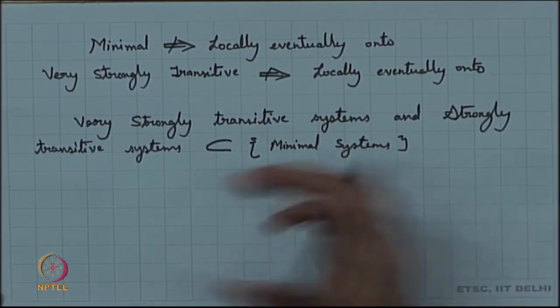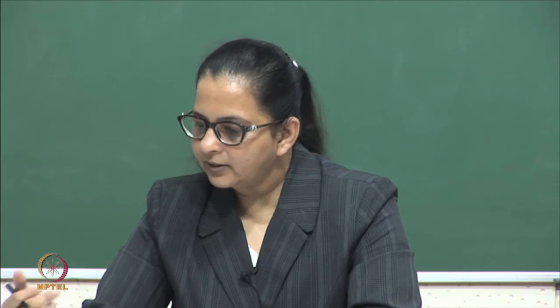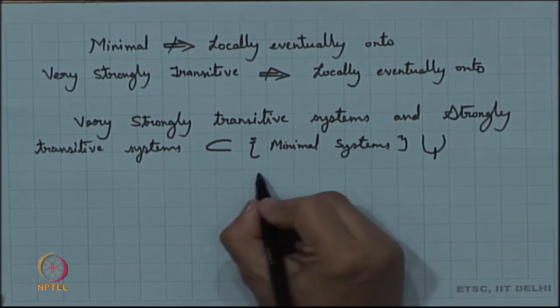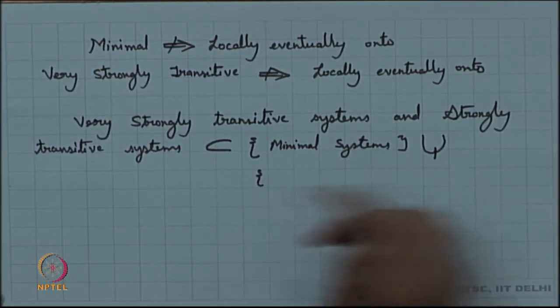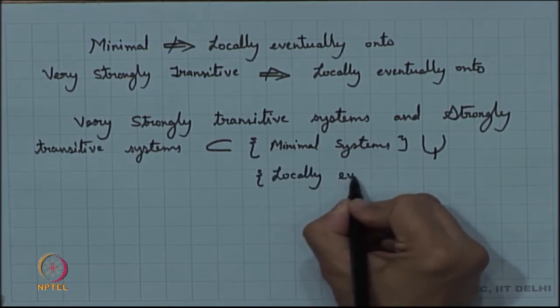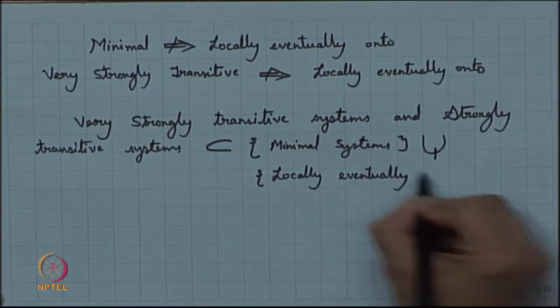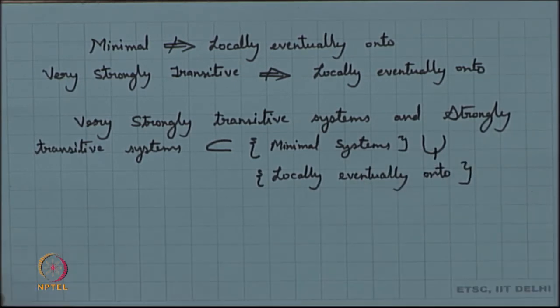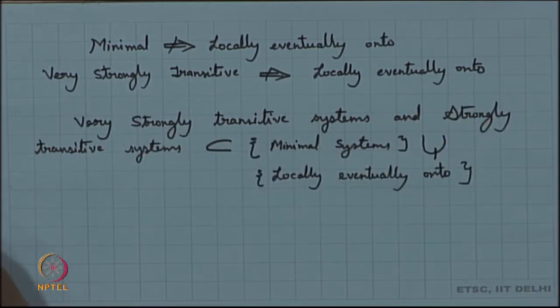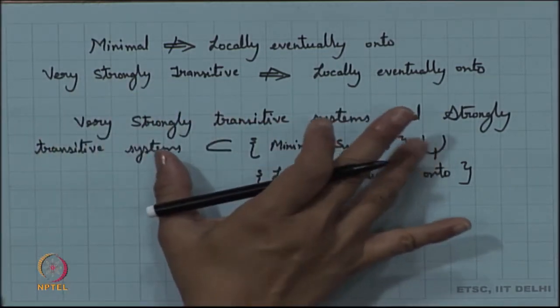So, as such we do not have this part, but this is contained in this class, and it has a disjoint union with the class of locally eventually onto systems. Basically, these are lying in two distinct classes, and we know that locally eventually onto systems are also mixing systems, and weakly mixing systems.